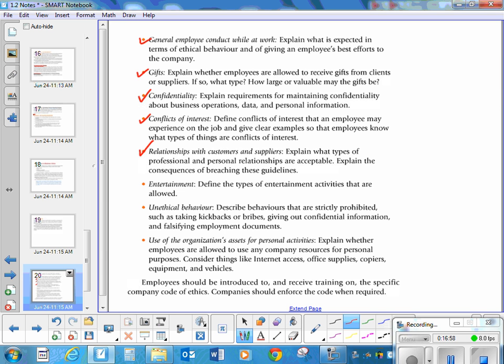Entertainment, define the types of entertainment activities that are allowed. And unethical behavior, yeah, that's pretty straightforward. And use of organizations' assets for personal activities. So some companies won't allow you to take home company assets and use them for their own personal use. So you have to kind of check into that with your company as well.